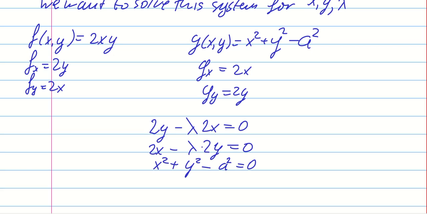Alright, so let's try to do this. From the first equation we can divide by 2, and we can notice that y is equal to lambda x, and from the second equation if we divide by 2, x is equal to lambda y.